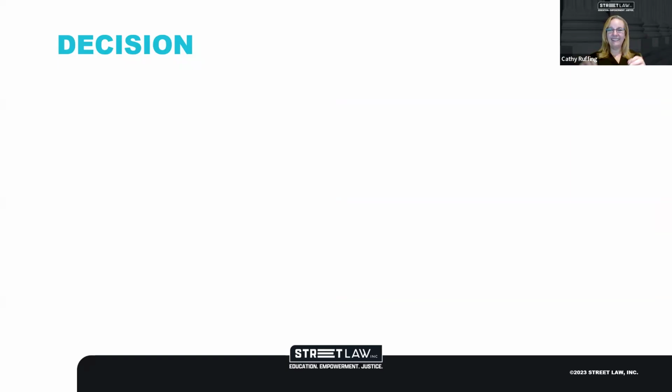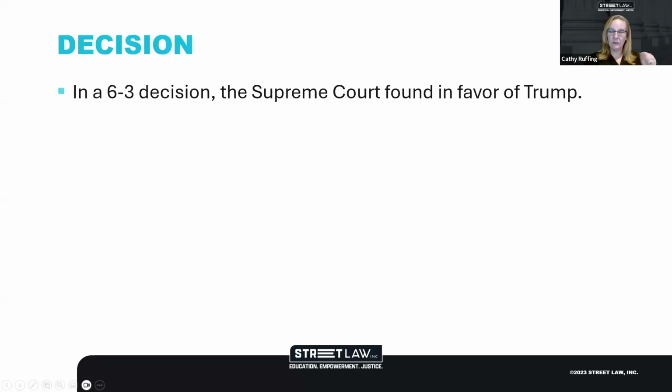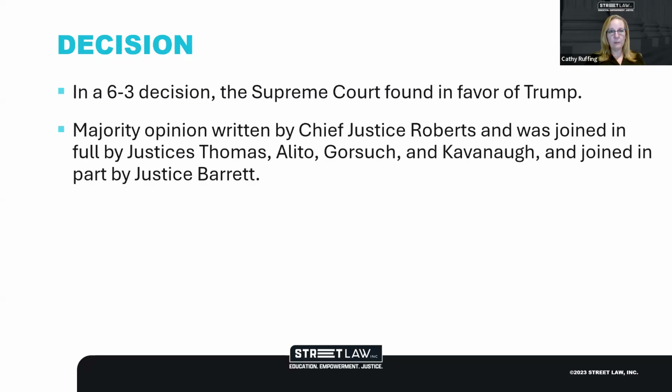Now we're going to dive back into the case, and we're going to talk about the decision. So also likely you know this, but we'll say it just so we're all on the same page. This was a 6-3 decision, very much along ideological lines in favor of former President Trump.